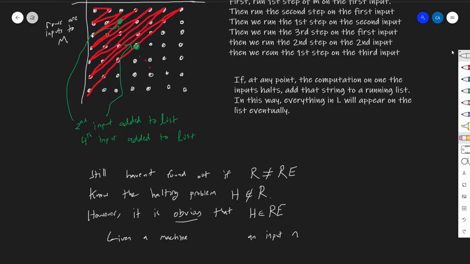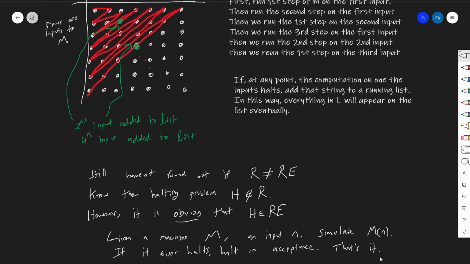Given a machine M and an input N, I think we're probably comfortable at this point with associating Turing machines with strings. Simulate M of N. If it ever halts, halt in acceptance. That's it.